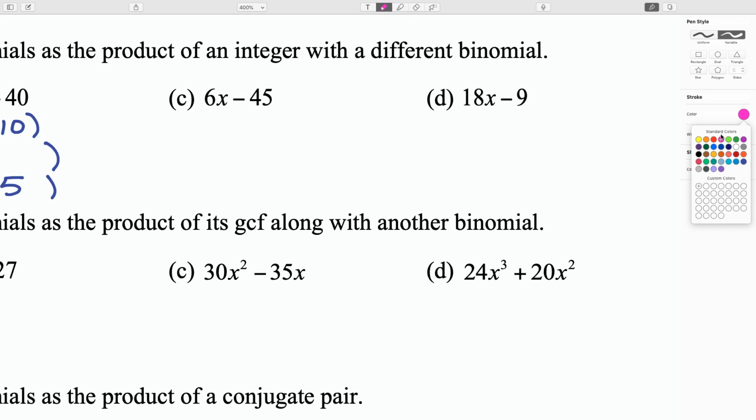I got it. 45 divided by 6. Hold on, technical difficulties. 45 divided by 6 is 7.5. No good. So I'm thinking 3 is my GCF.